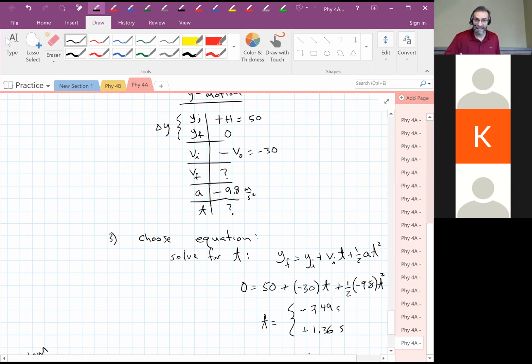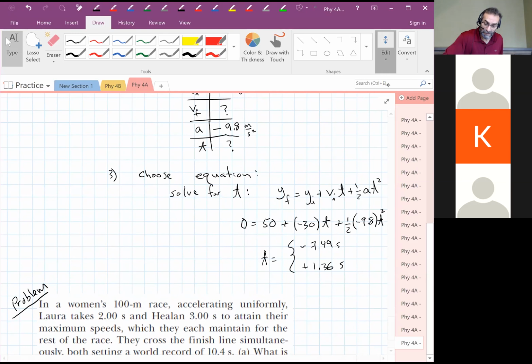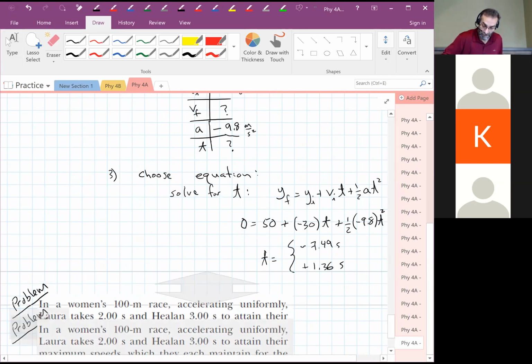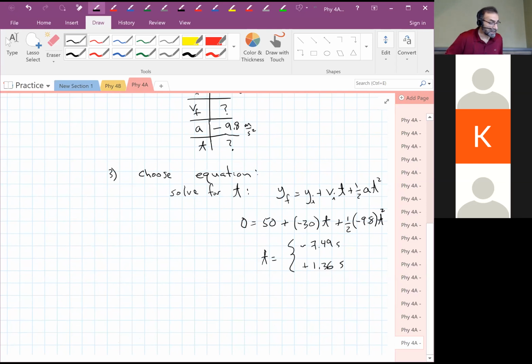And of course, negative time doesn't really mean anything to us, so we'll take the positive root. So it takes 1.36 seconds to hit the ground. Now we want to find v final, right?